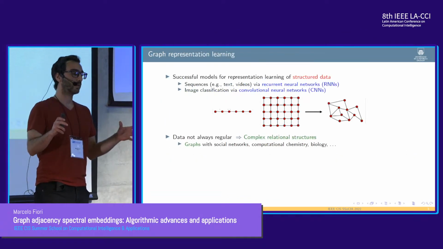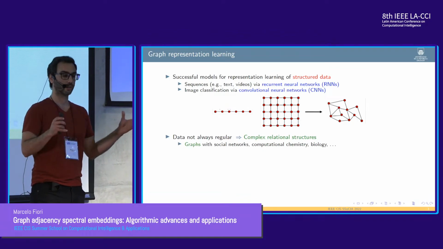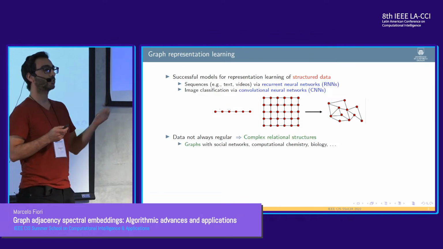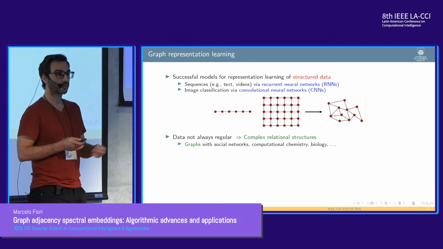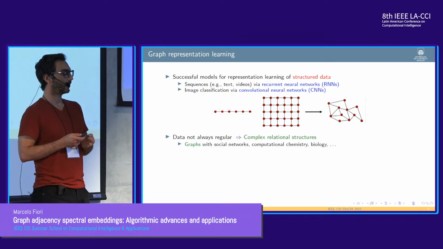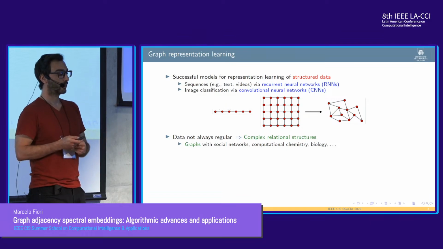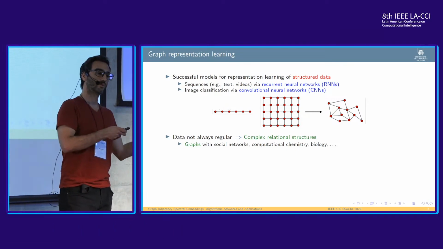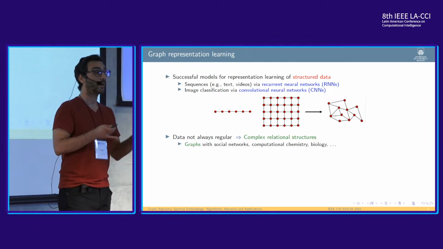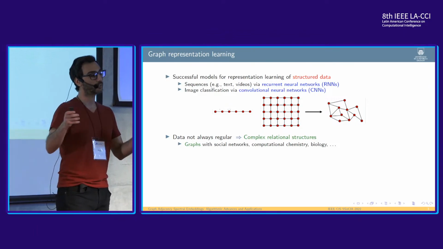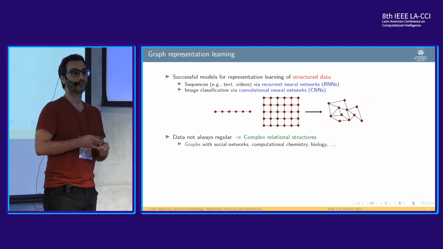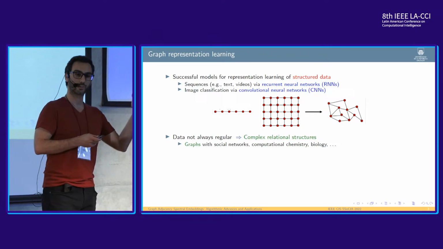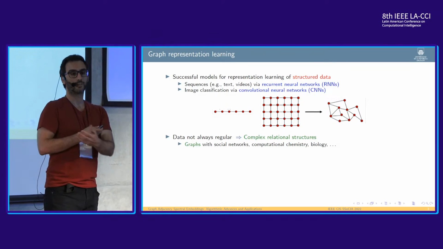This sits inside the framework of graph representation learning. As we all know, if we have images, sequences of images, audio, or natural language processing, all these domains have a very powerful structure, and we have beautiful methods that work pretty well. When we go to the graph setting, we lose all of this structure, or part of it. So what part of the graph representation learning community is trying to do is take advantage of these methods that work very well for images, video, audio and NLP, and bring them to the graph world.